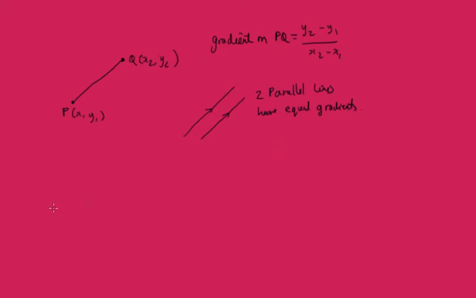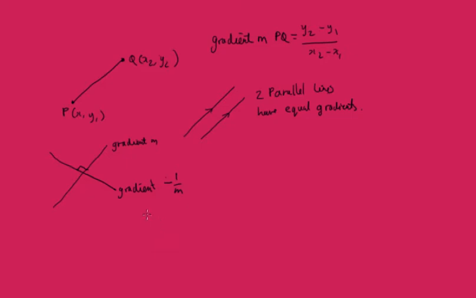And we have two more lines. This time they are not parallel, but they are perpendicular to each other. So if this line has gradient m, the gradient of this line will be minus 1 over m.